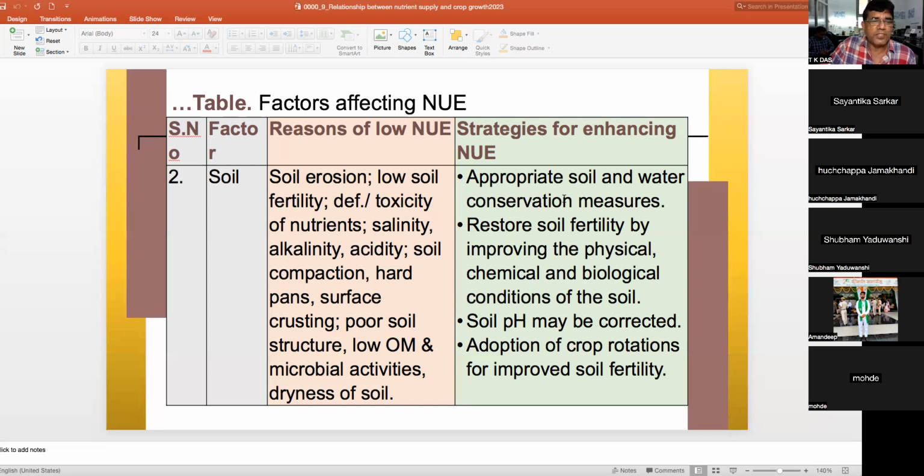It is too easy to explain. Restore soil fertility by improving these properties, optimize pH, and adopt crop rotations. They can help in conserving the soil, improving the soil structure, and also managing the biotic factors, insect pests and diseases.